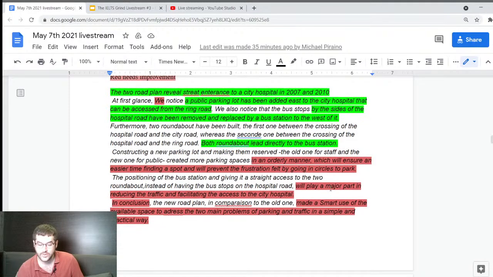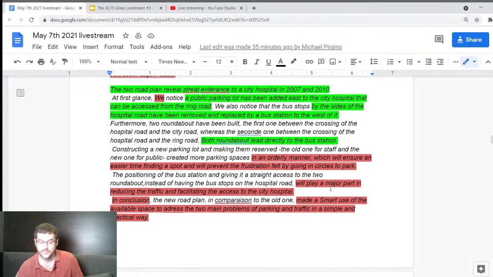The 2-road plan reveal street entrance to hospital in 2007 and 2010. He has an introduction. This is good. This is rephrasing the topic. A parking lot has been added east to the city hospital that can be accessed from the ring road.